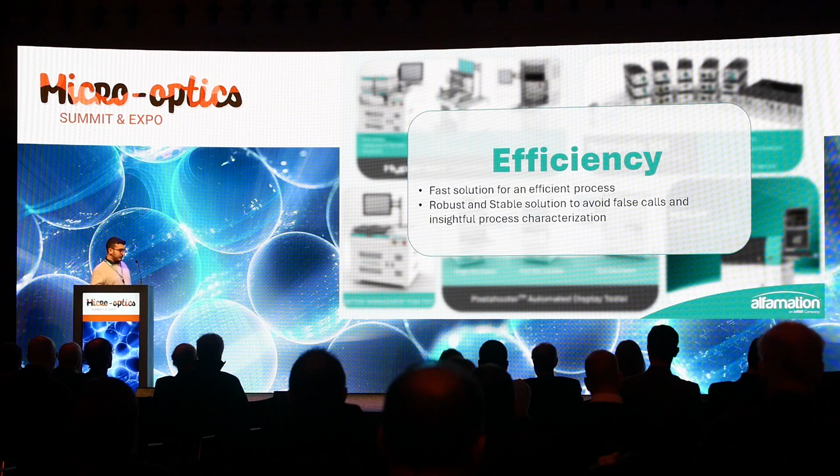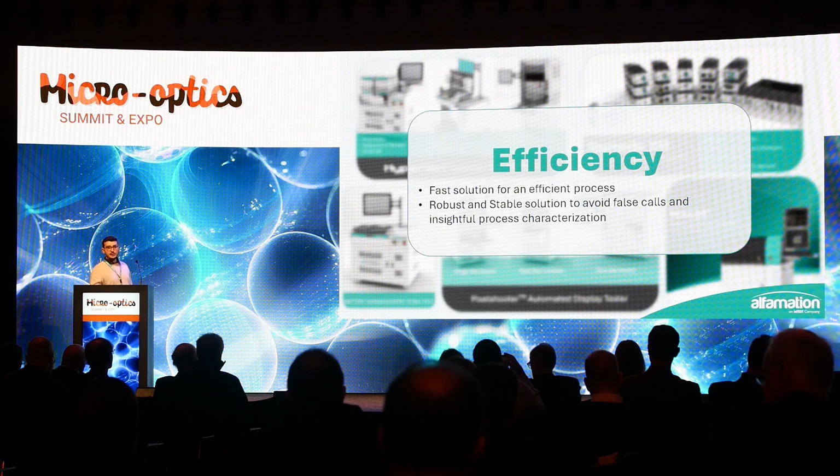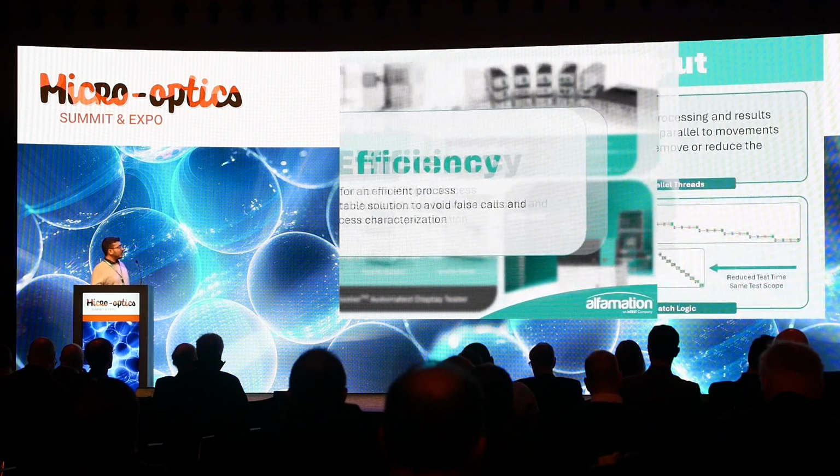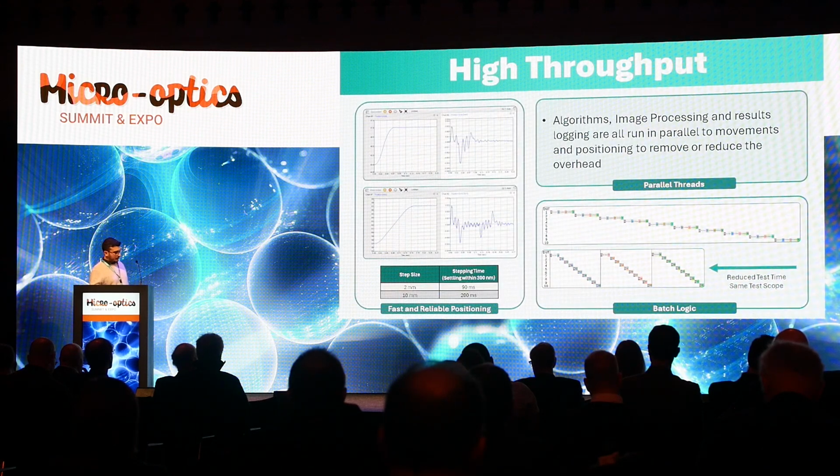Another important aspect for manufacturers when looking at automated test equipment is for sure efficiency. A fast solution is needed, which is also at the same time robust, stable, and scalable, basically. So another important feature of test equipment is a high throughput.